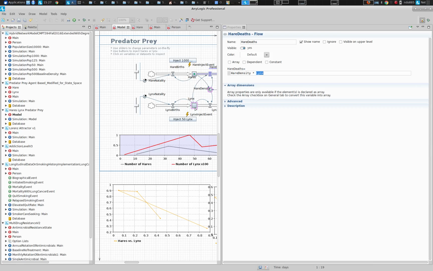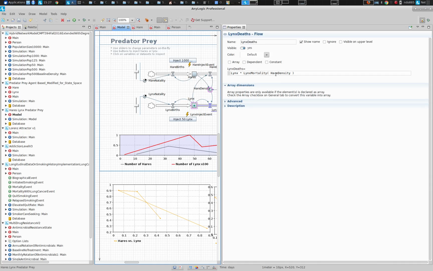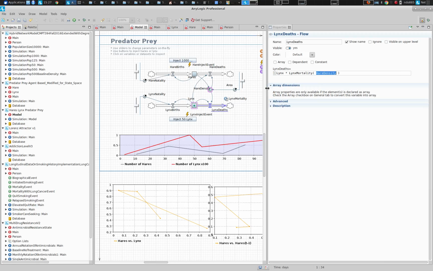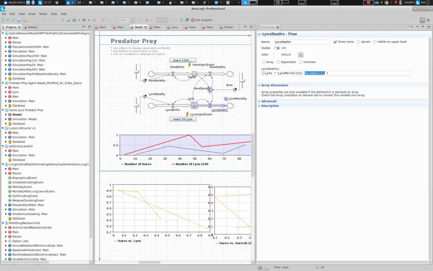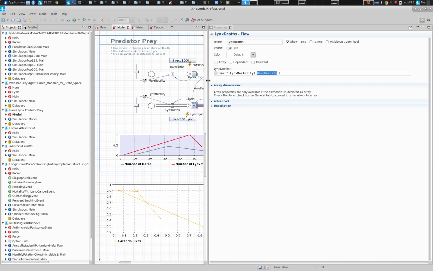Do you see that? Evolution of hares depends on lynx, and evolution of lynx depends on hare density, which is a function of the number of hares around, okay? Which depends on hares here. So in short, these two state variables are coupled. The evolution of one depends on the evolution of the other.